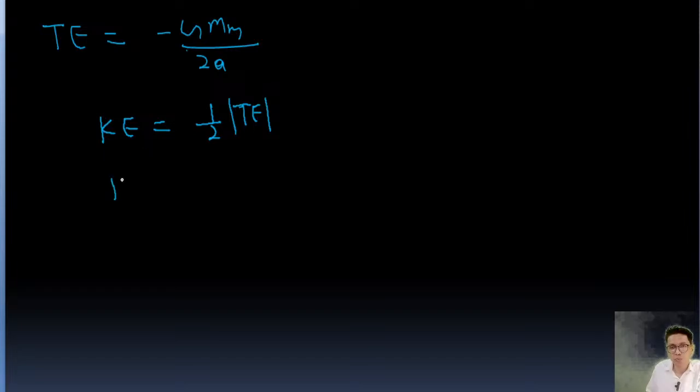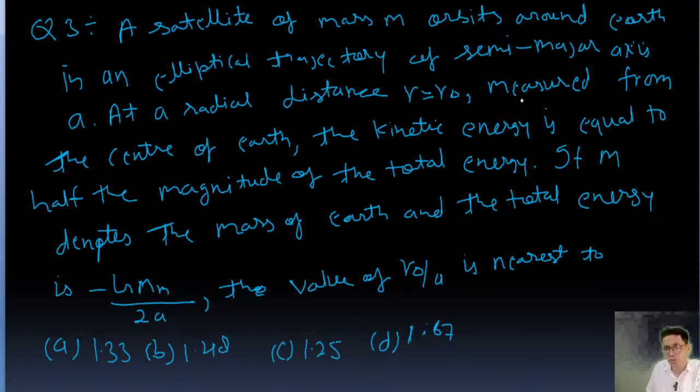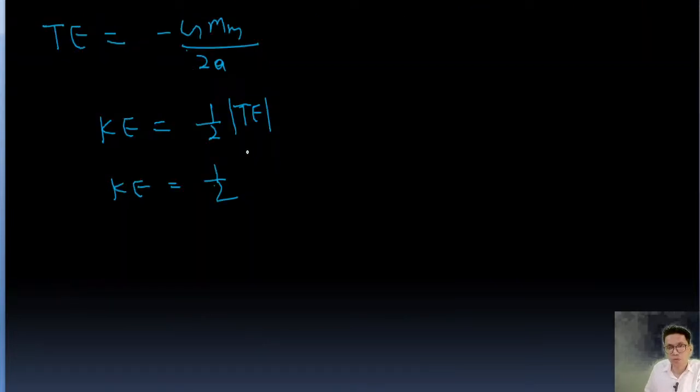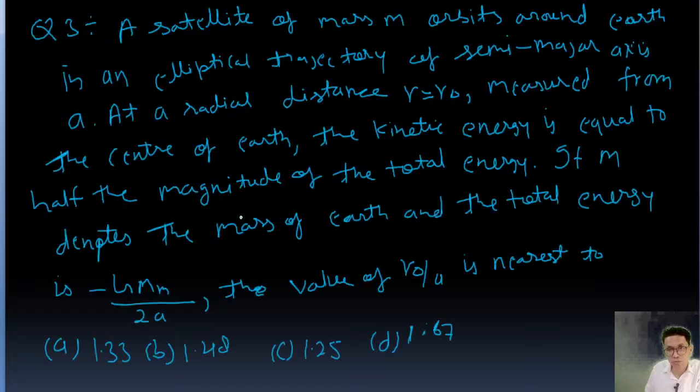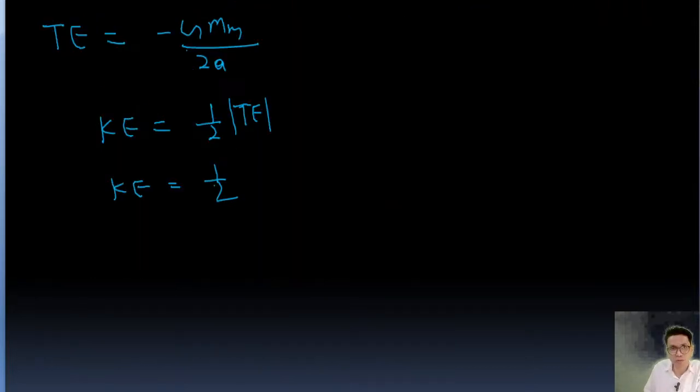So we can write kinetic energy is going to be 1 by 2 of the total energy. It is written that the kinetic energy is equal to half of the magnitude of the total energy, so that's why we are taking the mod.